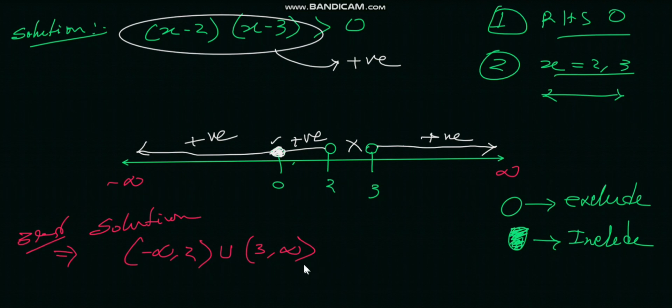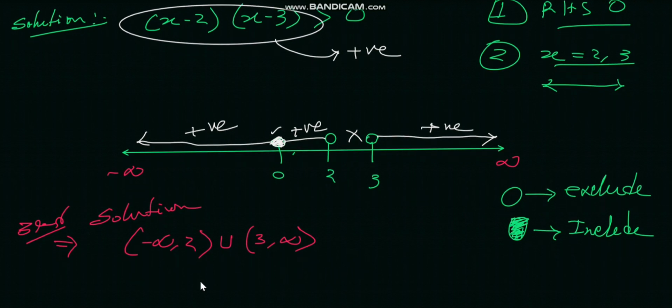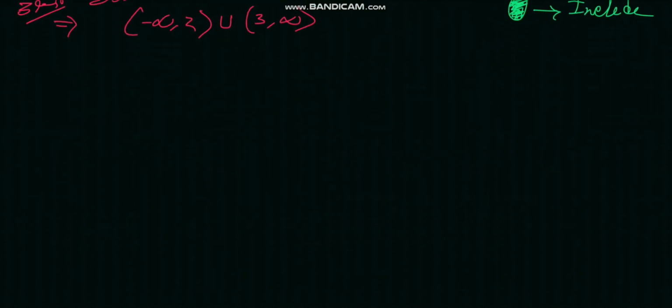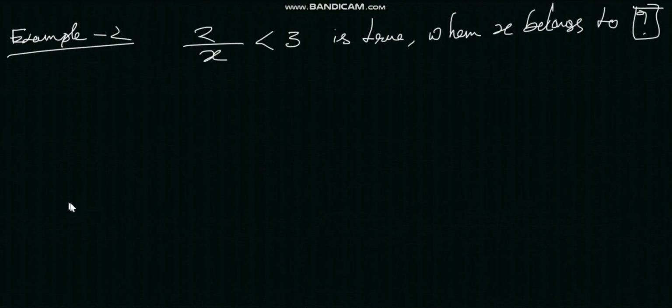So we'll solve another example also. Let's solve this inequality here. Solution. You can see that it's not in a linear form, and the right hand side is not 0, so you need to make it 2 by x is less than 3. We cannot multiply x into this side and that side.